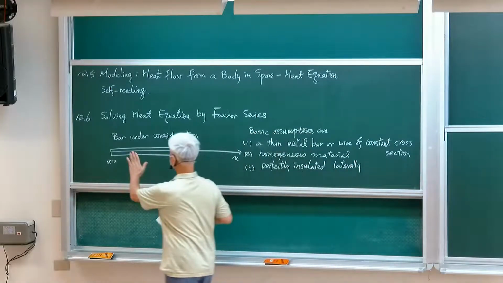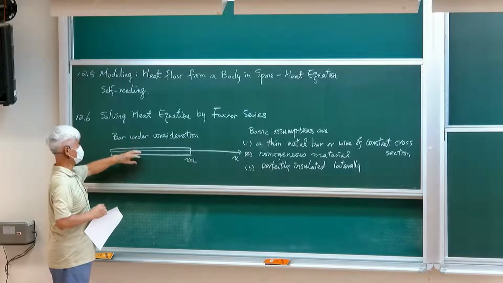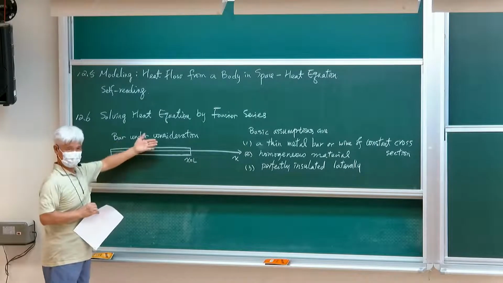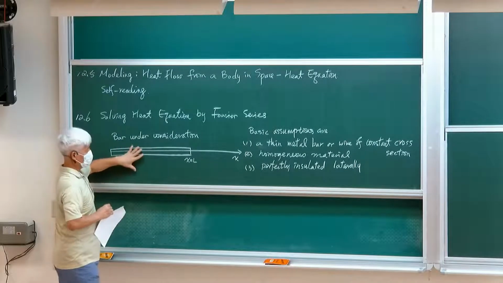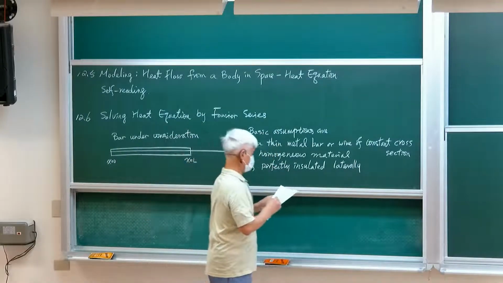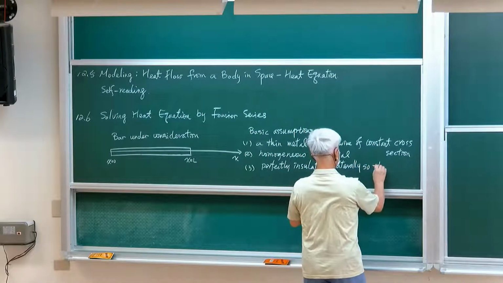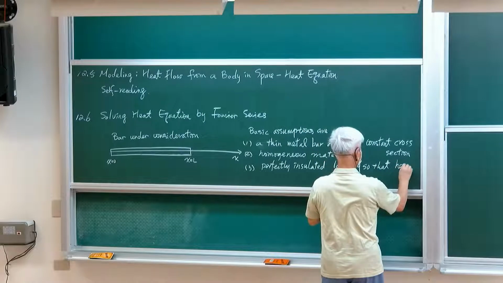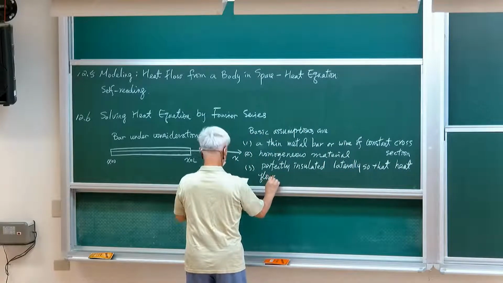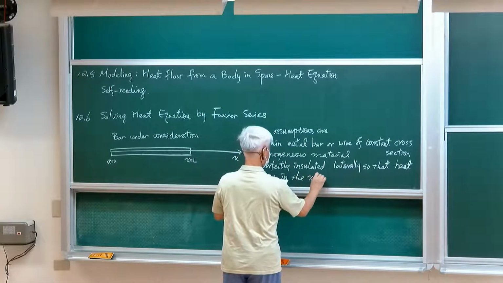So if the bar is a rectangular bar, there are 4 sides, and all these 4 sides are perfectly insulated, so that the heat flows in the x direction only.